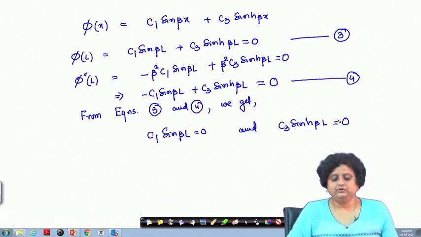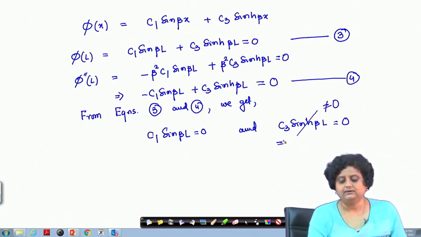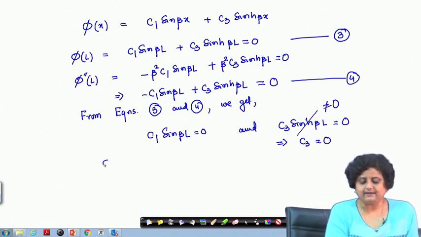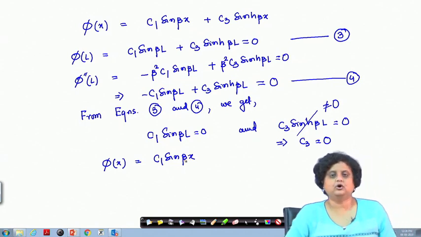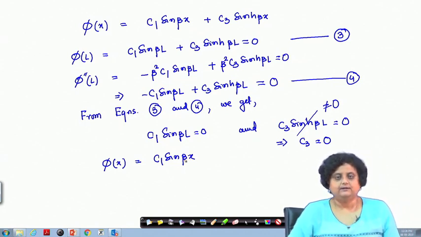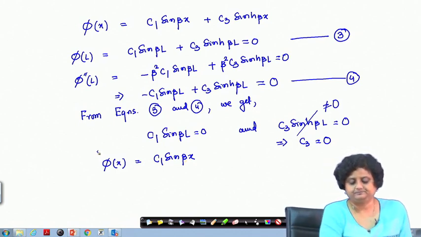Now, let us look into these two solutions. Sinh beta L can never be equal to 0. So, this gives me C3 equals to 0. So, my phi x gets even more simplified and it becomes C1 sin beta x. Now, my job is to find out C1. Now, let us see what are the possible solutions for C1. So, what I have is C1 sin beta L equals to 0.